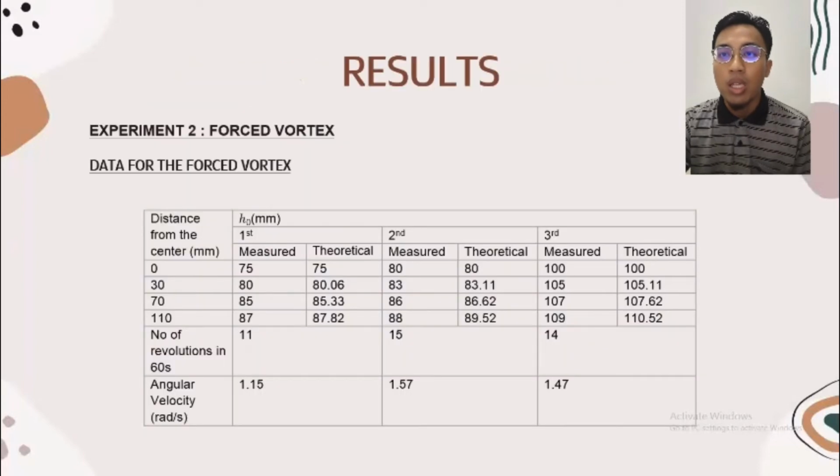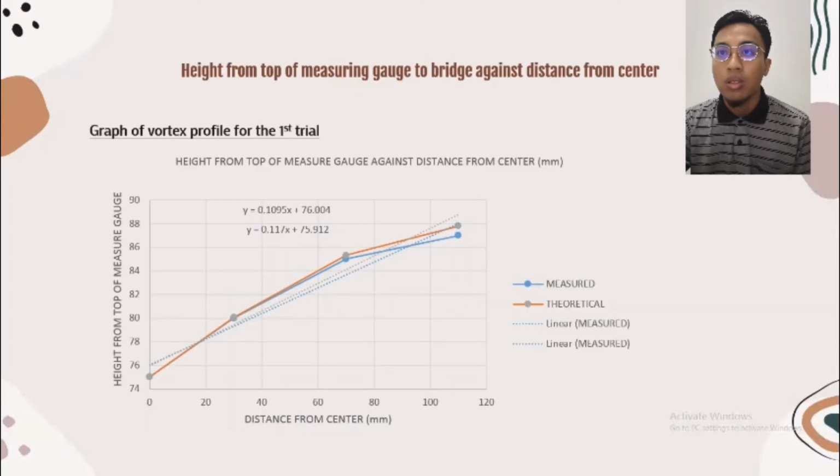The next one is experiment 2, which is the forced vortex. The table shows the data that we managed to get based on the experiment and the application of the equation that was provided. The first one is the graph of the vortex profile for the first trial.